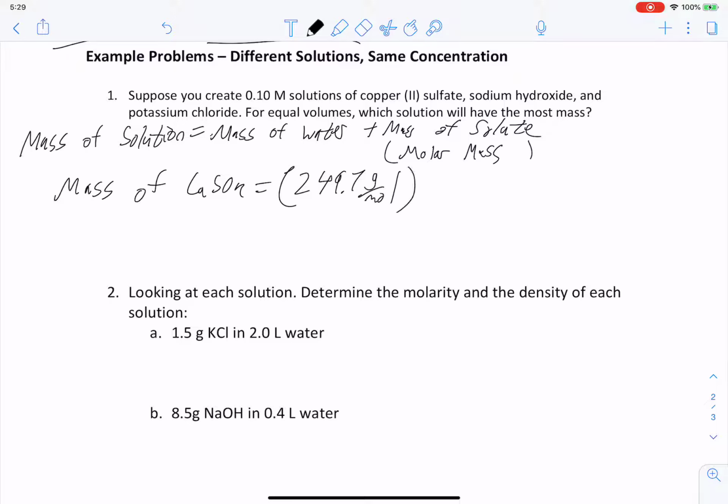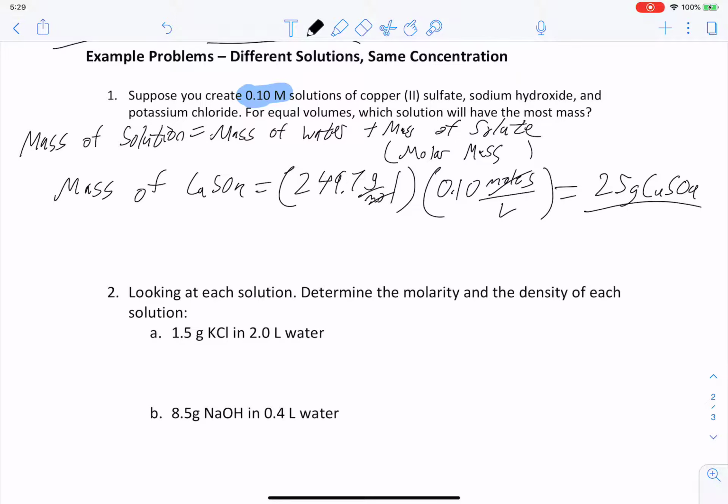We take that number and multiply it by our molarity, which is 0.10 moles over liter. The moles cancel out, and we get 25 grams of copper sulfate. We're going to hold on to that number for a second.